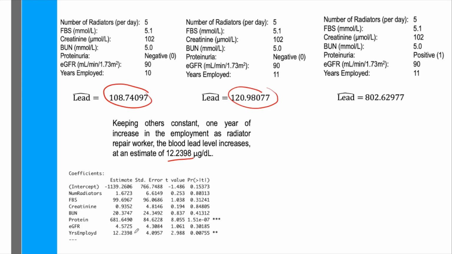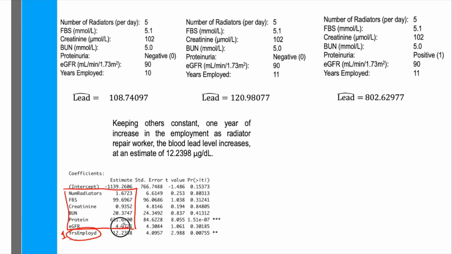And that is actually the one being referred to here. So this shows that when all other variables were held constant, 1 unit increase in years of employment, or in other words, 1 year increase in employment, will increase the blood lead at an estimate of 12.2398.